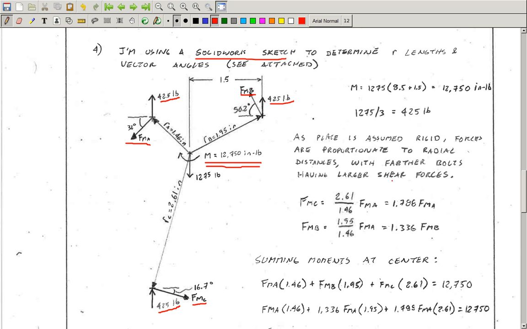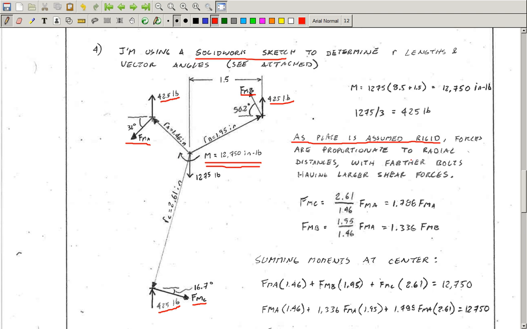But FMA, FMB, and FMC are not equal to each other, so we have 3 unknowns. So we have to have some scheme to equate FMA, FMB, and FMC, and what's being used here is proportionality. So we're assuming the plate is rigid, so that as it rotates about this centroid, the plate doesn't deform itself, which means that each bolt is just going to be moved or sheared by a proportional distance.